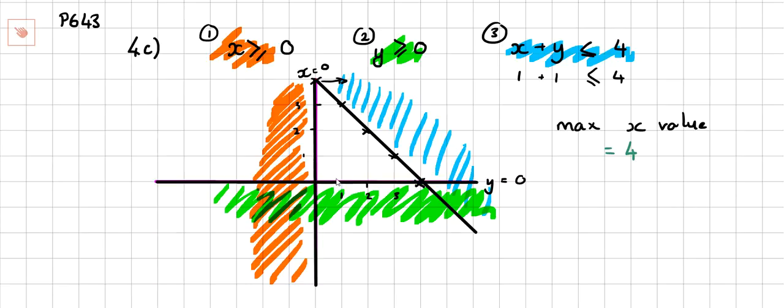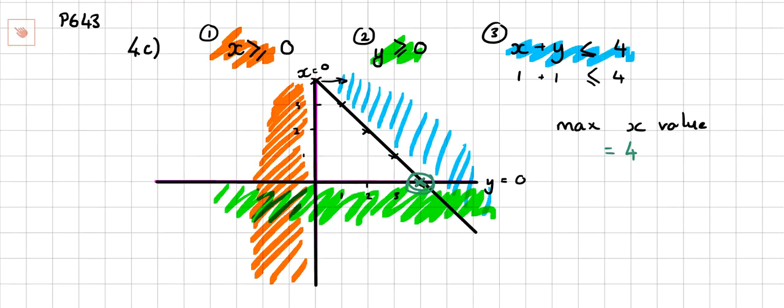So within this region, and are we allowed the lines? Yeah, we are. So the maximum x value would be in this region and on the lines. If it wasn't on the lines, it'd be more difficult because I'd be allowed decimals and things like that. Actually, you'd find it very difficult to write down. They probably wouldn't ask that if it was a dotted line.